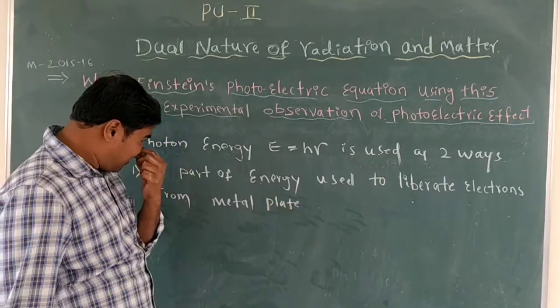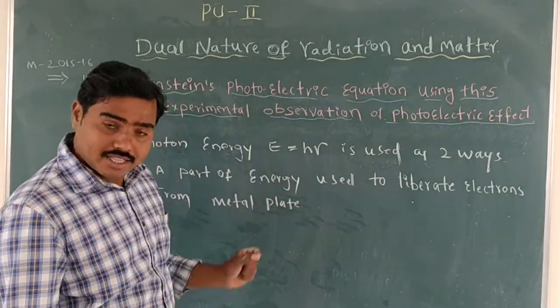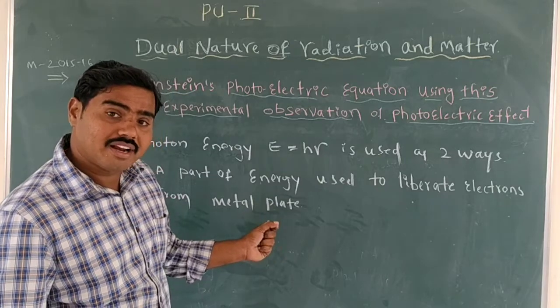Here the minimum energy required to remove the electron from the metal plate is called work function.